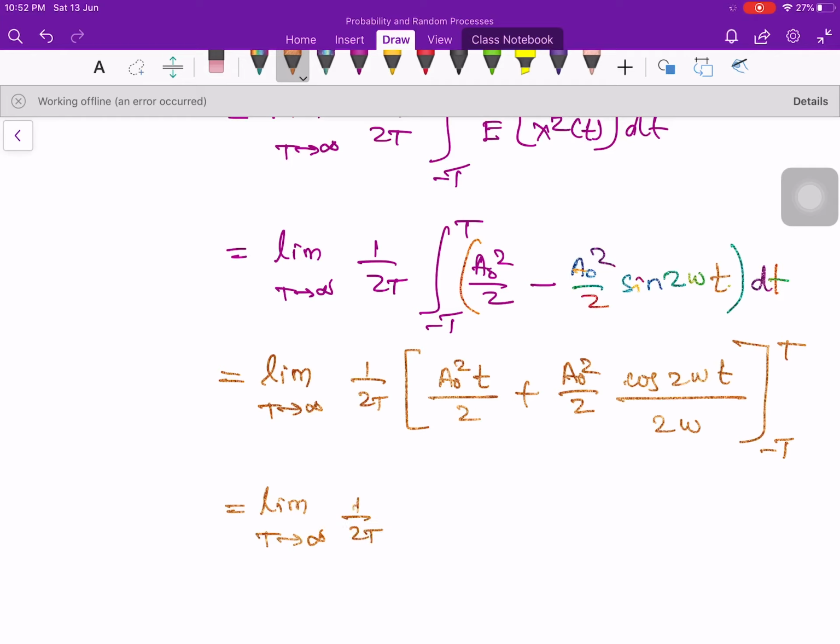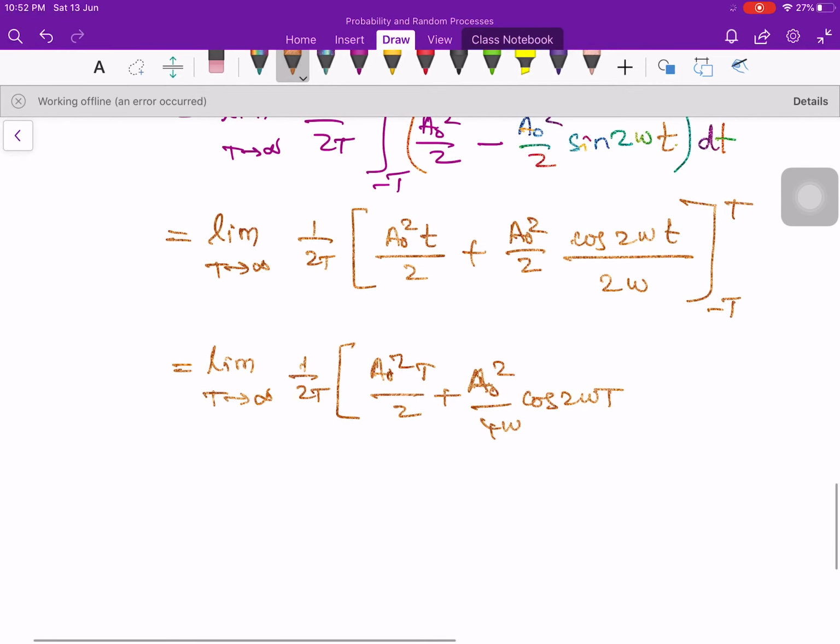Finally, you will end up with A naught square T by 2 plus A naught square over 4 omega cos of 2 omega T, plus A naught square T by 2 minus A naught square by 4 omega times cos of 2 omega T, and this and that will get cancelled.